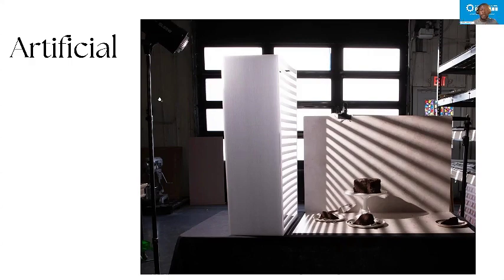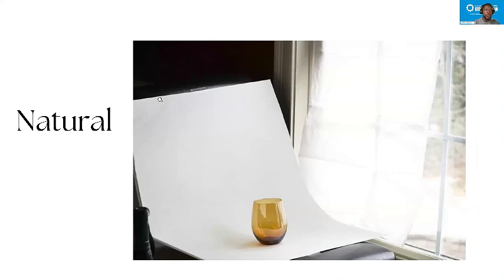Natural light can be soft, it's from one source, it's inexpensive. At the same time, it can be a bit limiting. You can't control how bright the sun is going to be. You can't control how harsh or how soft it's going to be.